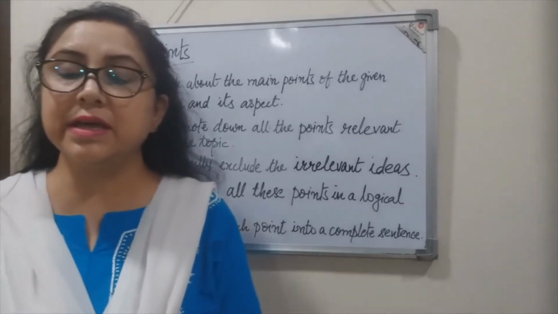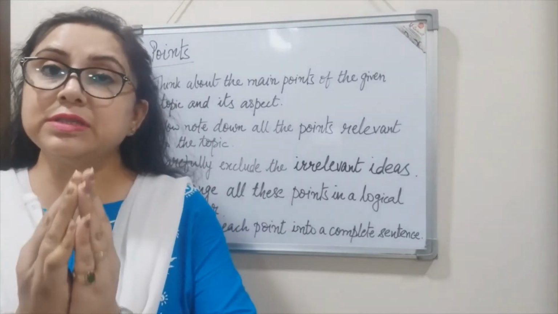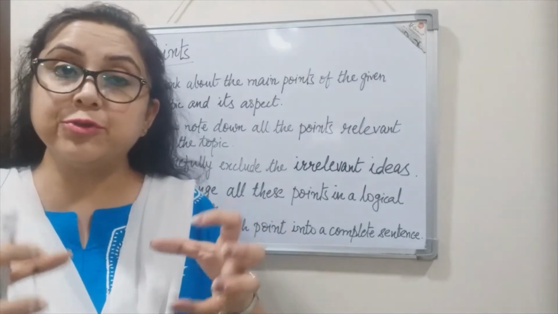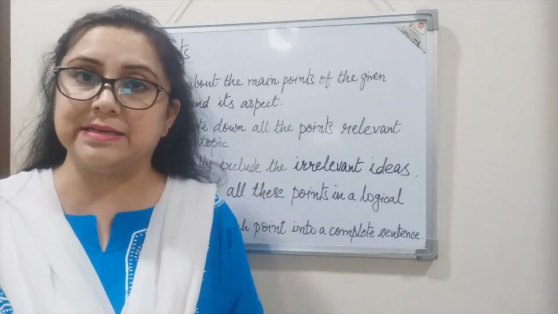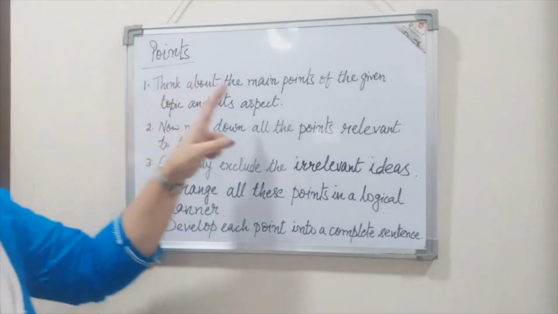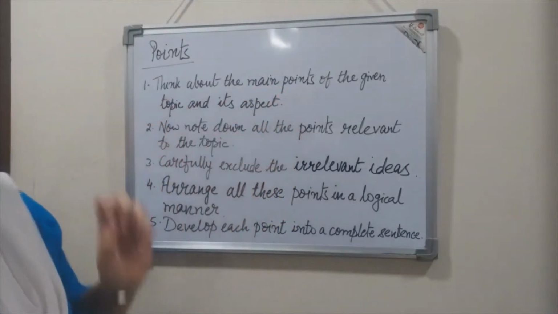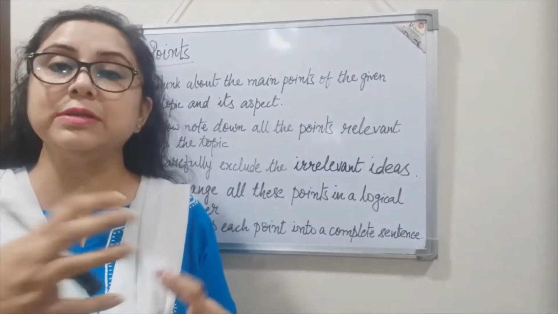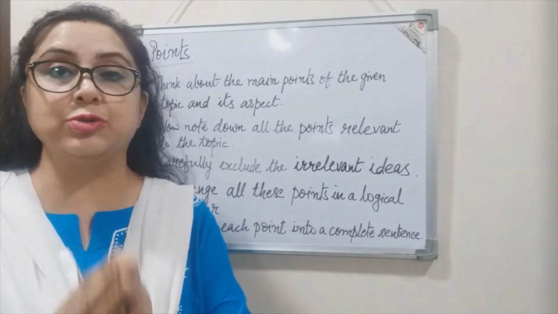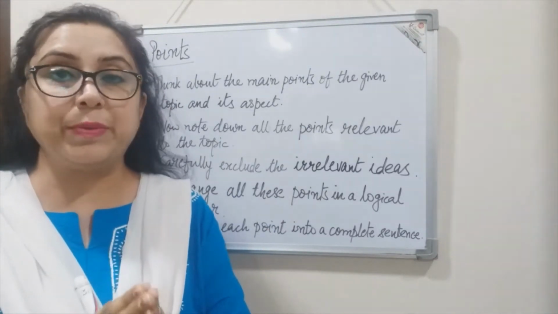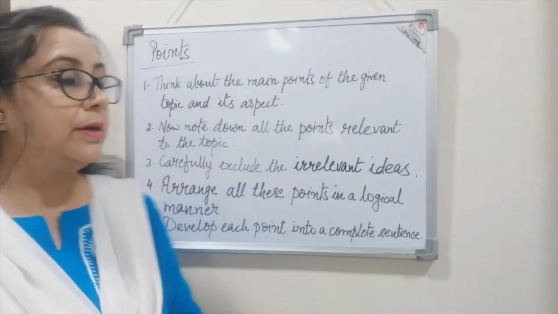So the first thing is that you have to think on that topic. You have to basically collect the ideas, right? So all the aspects related to the main topic that has been given.